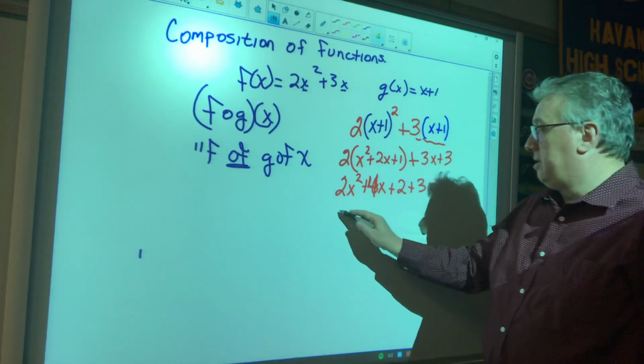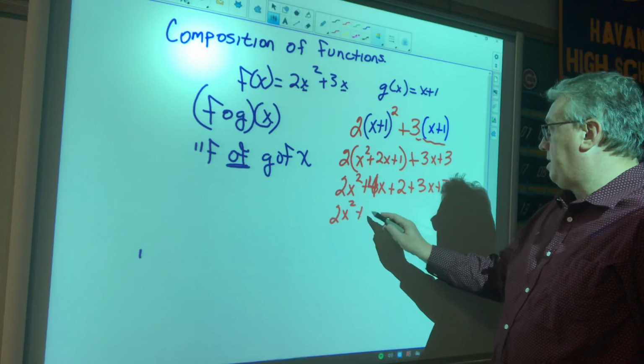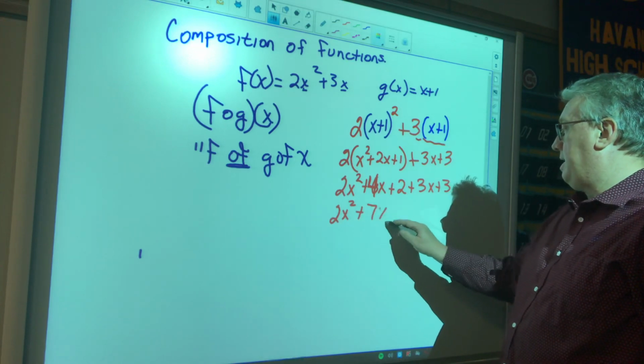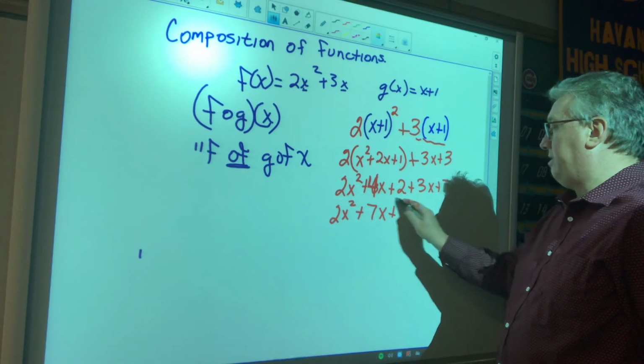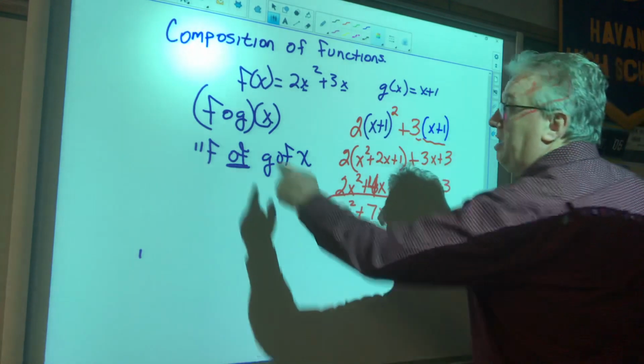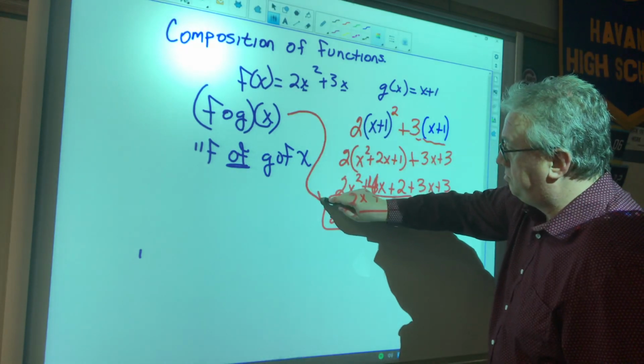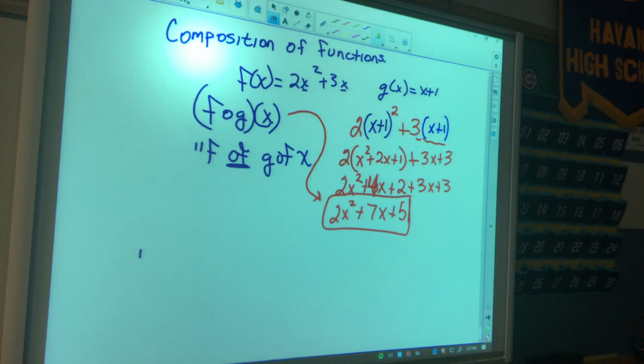Do we have any common terms? 2x squared plus 7x plus 5. So the answer to f of g of x is 2x squared plus 7x plus 5. Let me give you a moment to take a look at that.